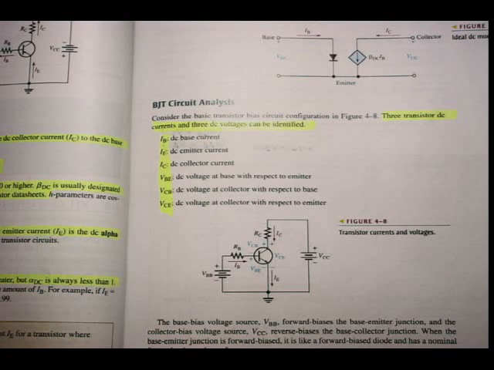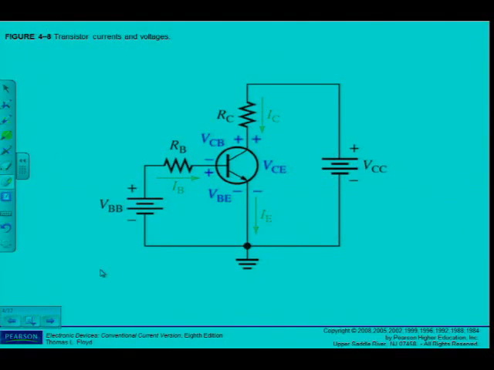We've already seen there are 3 DC currents, and also we're going to identify the 3 DC voltages. Now, the 3 makes sense because I only have 3 terminals on this device.